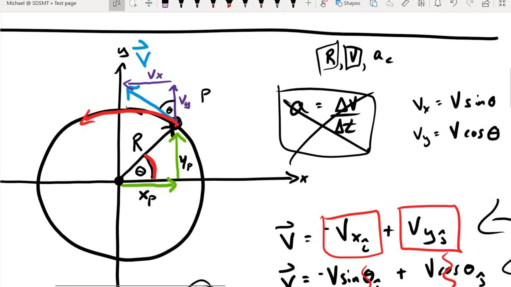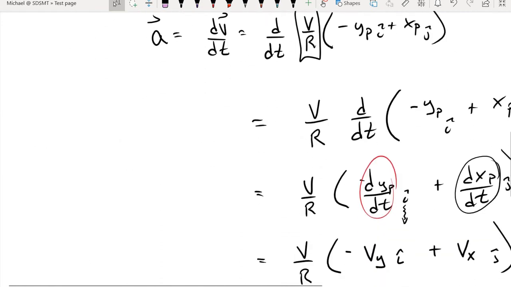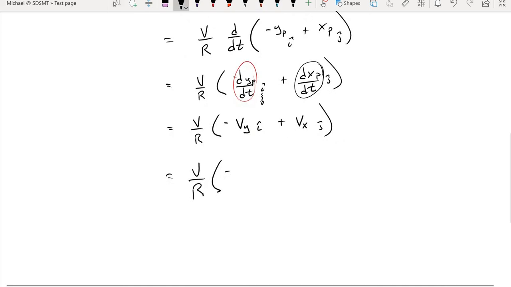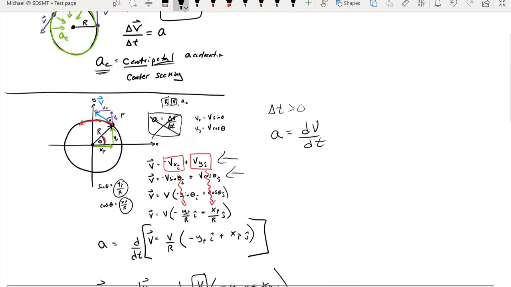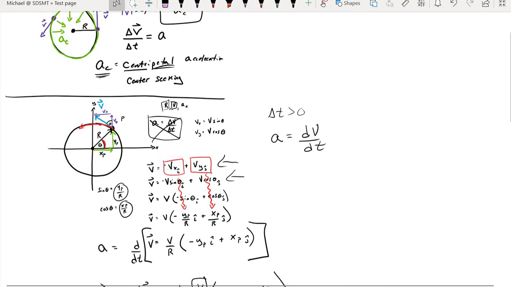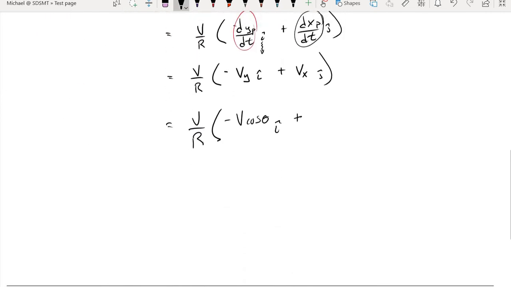We're back to the velocity triangle, and our y component is cosine. We have v cosine theta i hat plus vx. Well, vx, if you remember, is sine of theta with a minus sign in front of it because of the direction that it's pointing. So now we've got another minus sign in here.